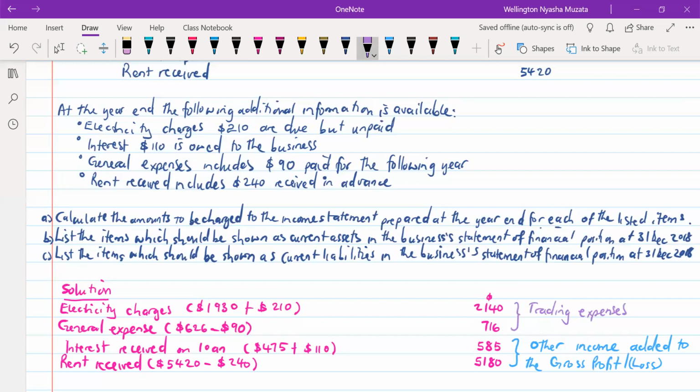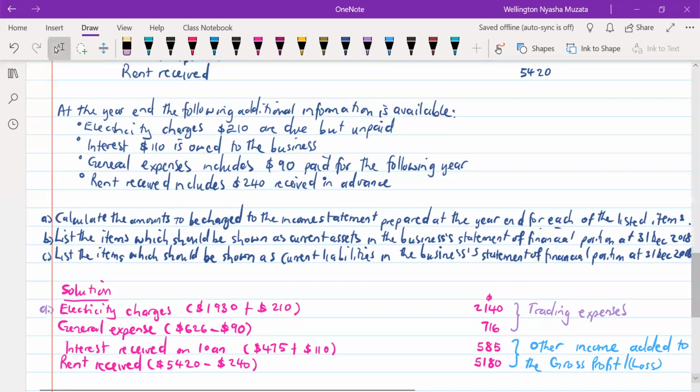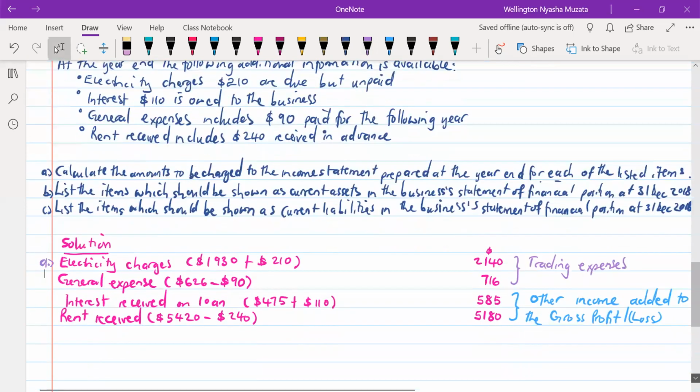That should then be deducted from the total income. Right, this was part A, at least for the income statement treatments under the accruals and matching concept of these expenses and incomes.